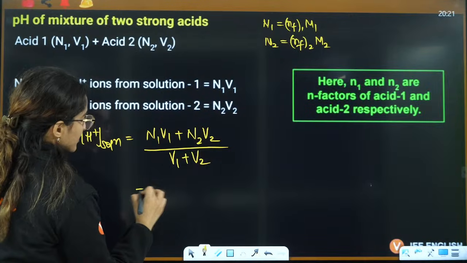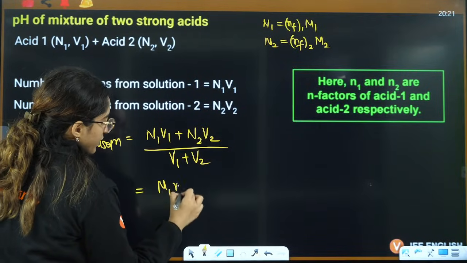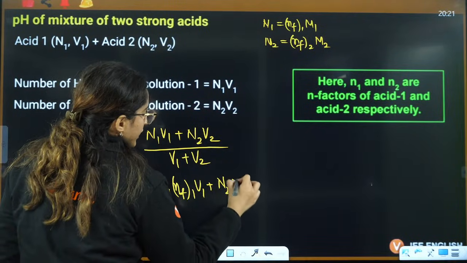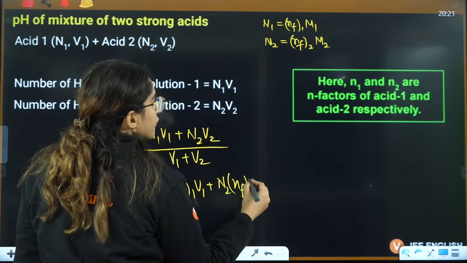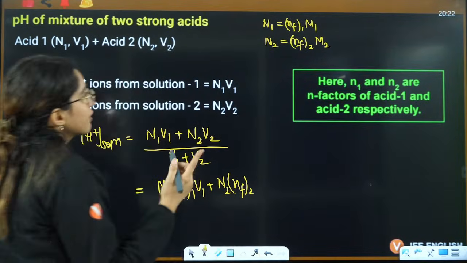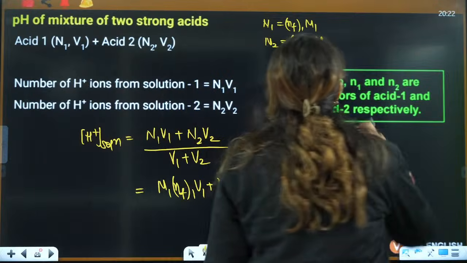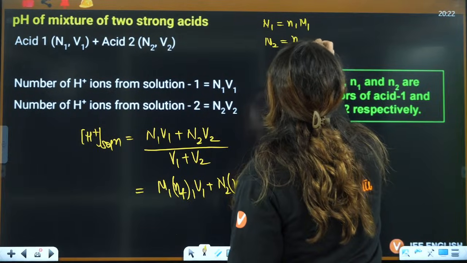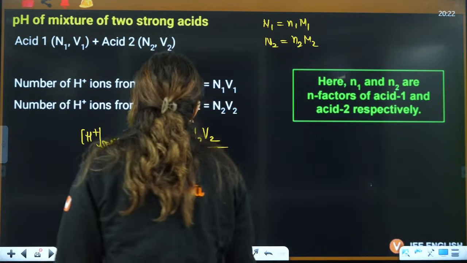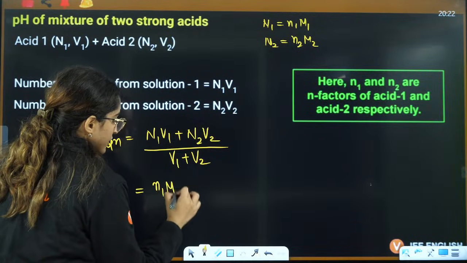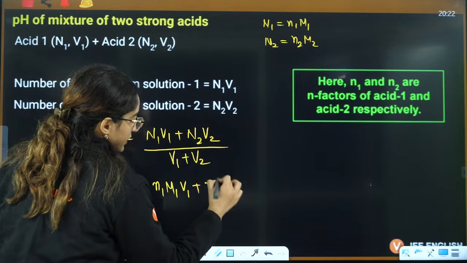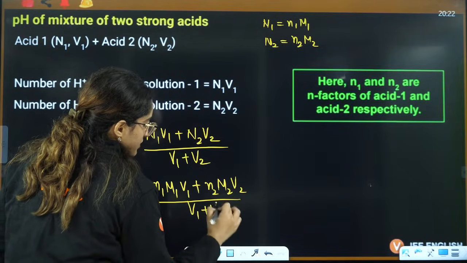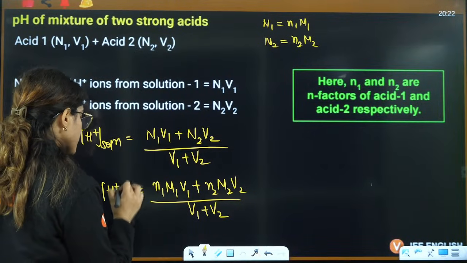That is, N1M1V1 plus N2M2V2 divided by V1 plus V2, and that is your H positive of the solution.